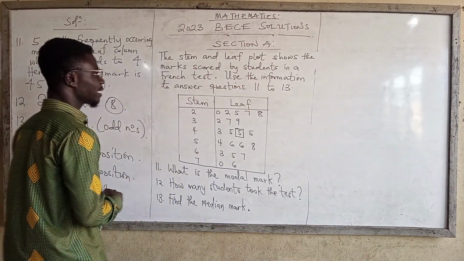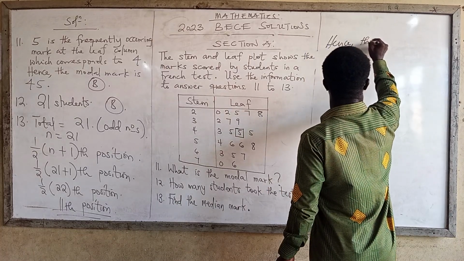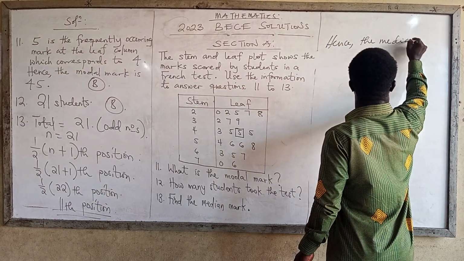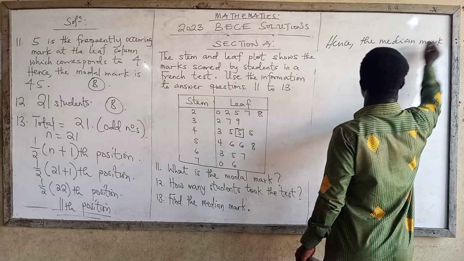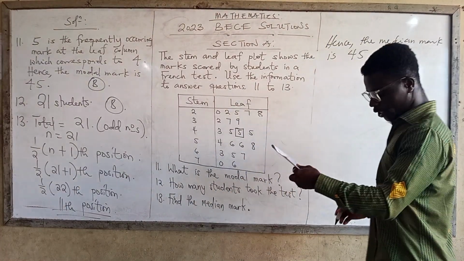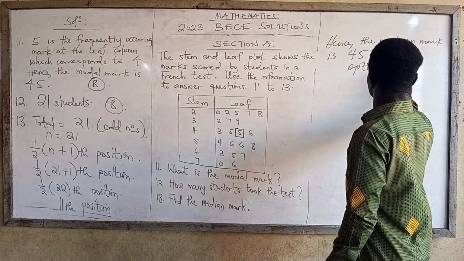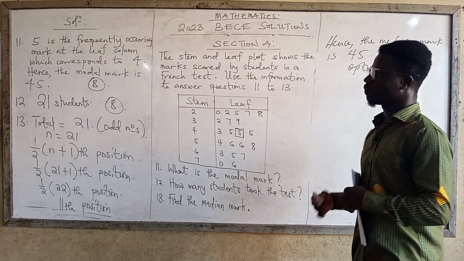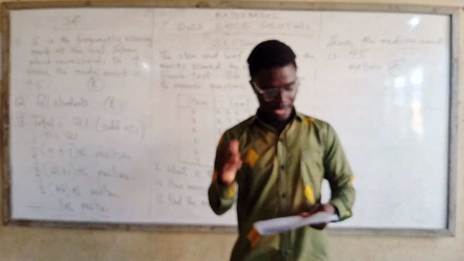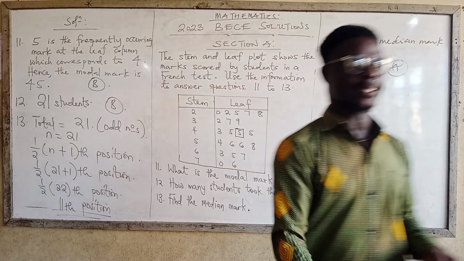So hence, the median mark is 45, which is option A. Option A for apple. So now let's proceed to question 14.